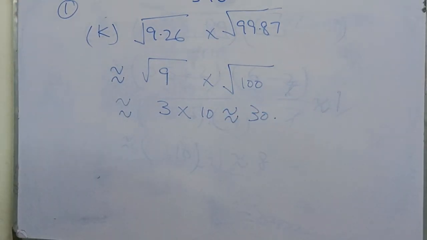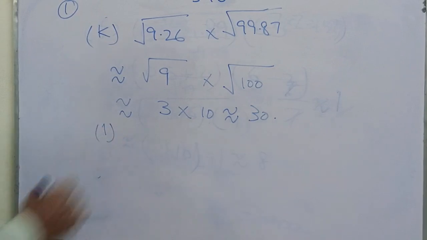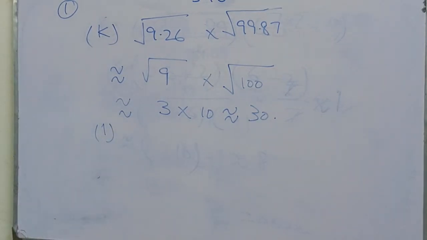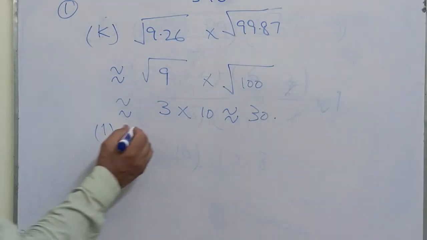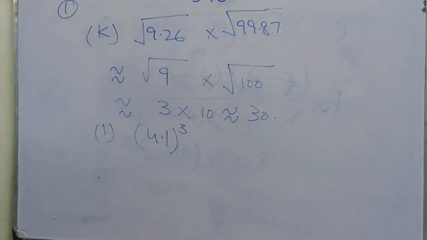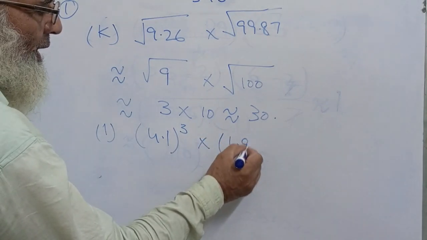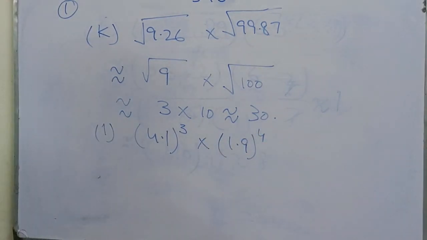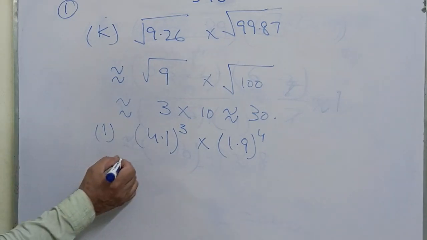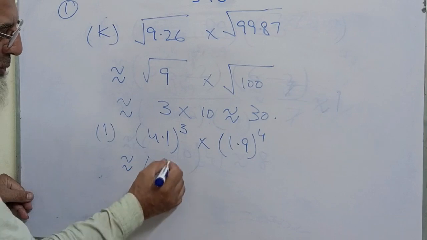Okay. The next part is part I. Part I states 4.1 raised to power 3, or cube, 4.1 cube multiplied by 1.9 power 4. So again, go for the estimation rule.